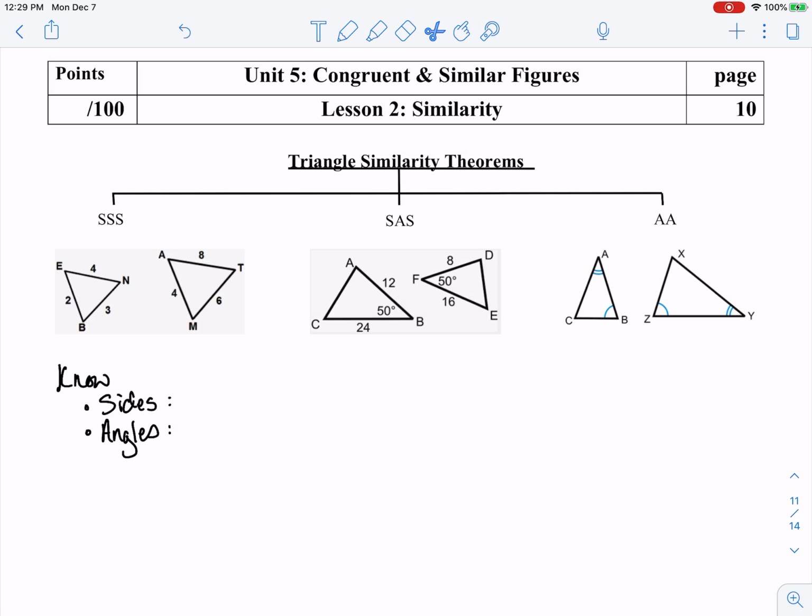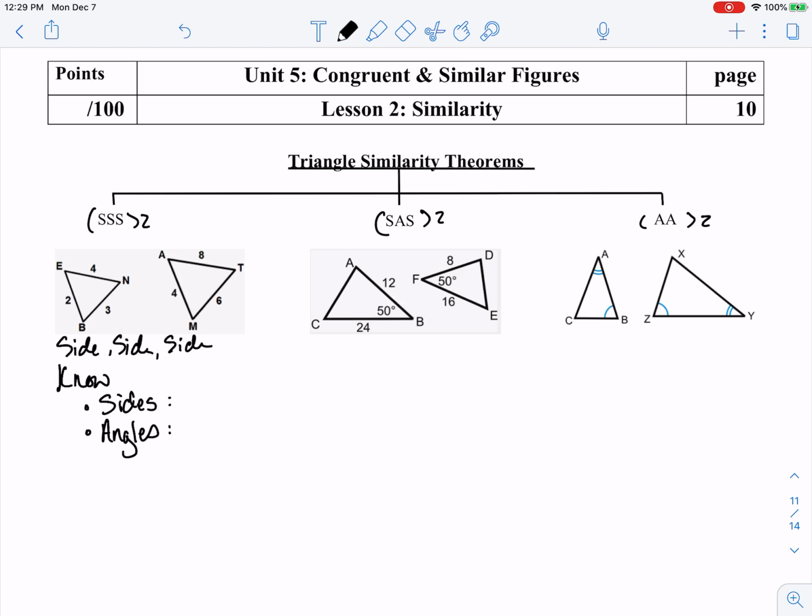And again, I'm going to take the same thought process as for the congruency theorems. So we have SSS, which is side, side, side. Remember, with congruency theorems, we multiplied all of these by 2, essentially.